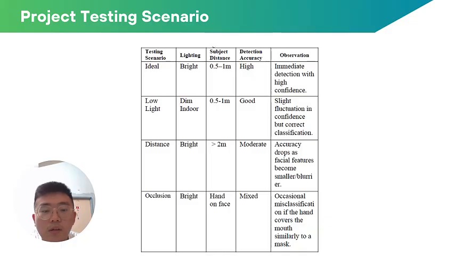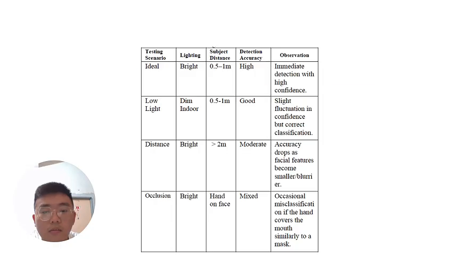This is simply because the facial features become smaller and harder for the camera to see clearly. Finally, we tested occlusion, such as putting a hand over the face. Here the results were mixed. Sometimes, if a hand covers the mouth, the system gets confused and thinks the hand looks like a mask.